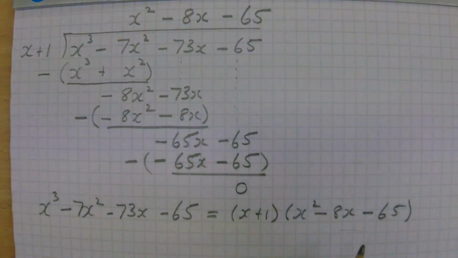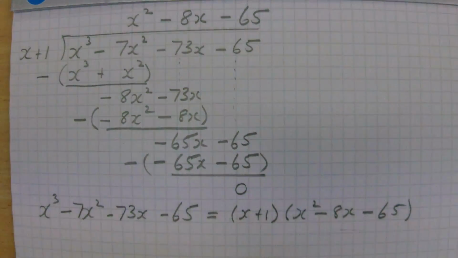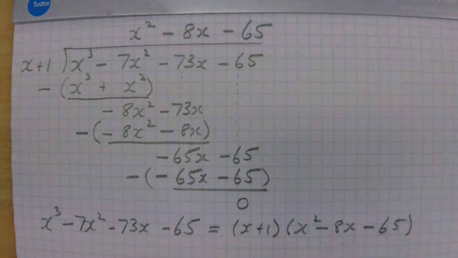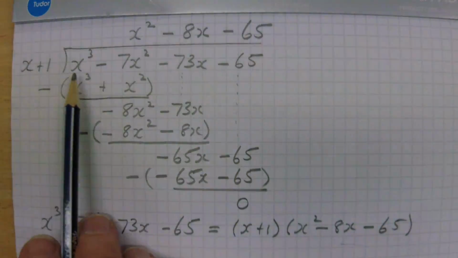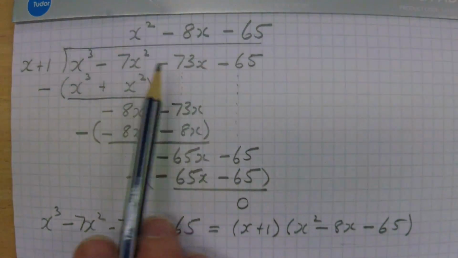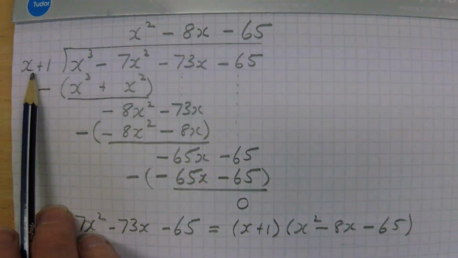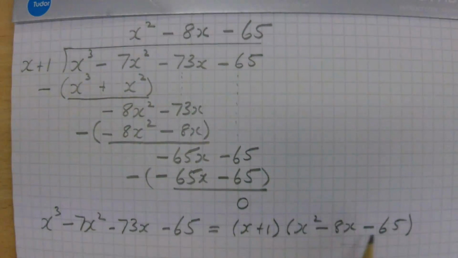We could continue and factorise this quadratic and then solve, but that's enough for now. The purpose of this quick video was to demonstrate long division of a polynomial by a linear factor to produce a lower order polynomial, so a second order polynomial instead of a third order polynomial.